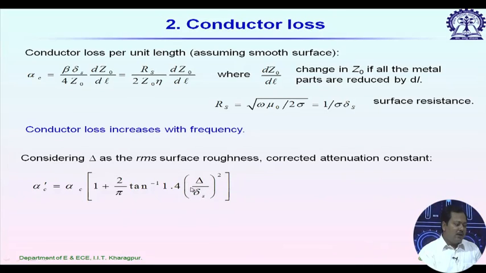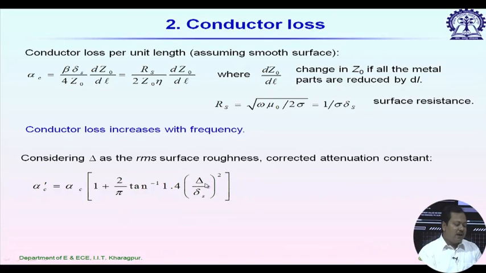Small delta is the skin depth of that metal. So, we see that the actual alpha c will be much more compared to what we calculated previously, and it also increases with capital delta.